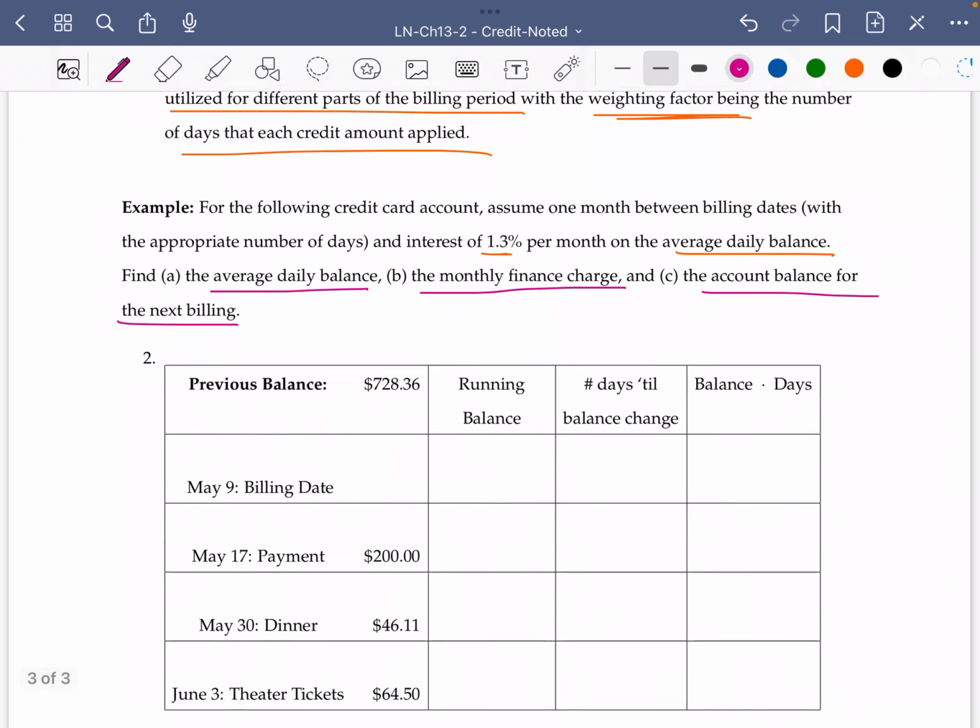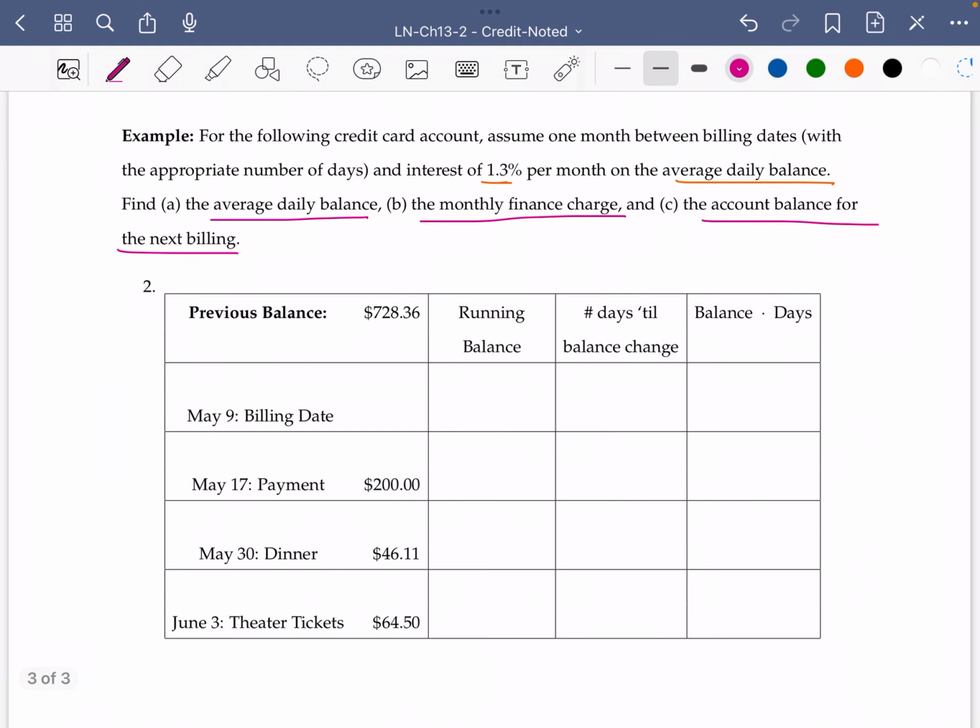All right, so here's what we're going to do. We have this itemized billing statement. Our previous balance was $728.36, and that is the amount that we owe on May 9th.